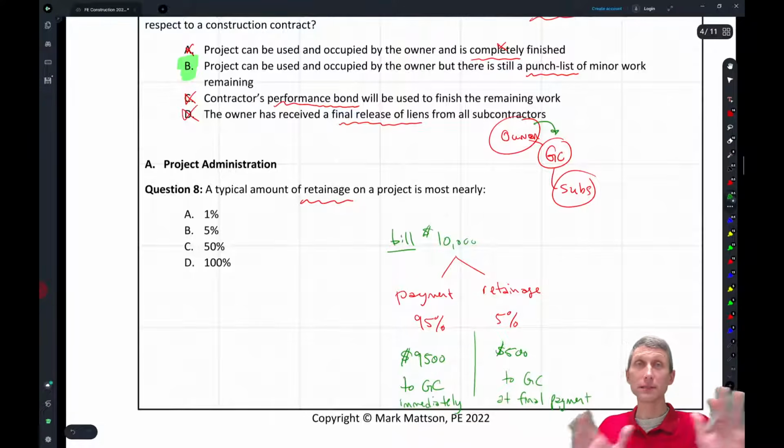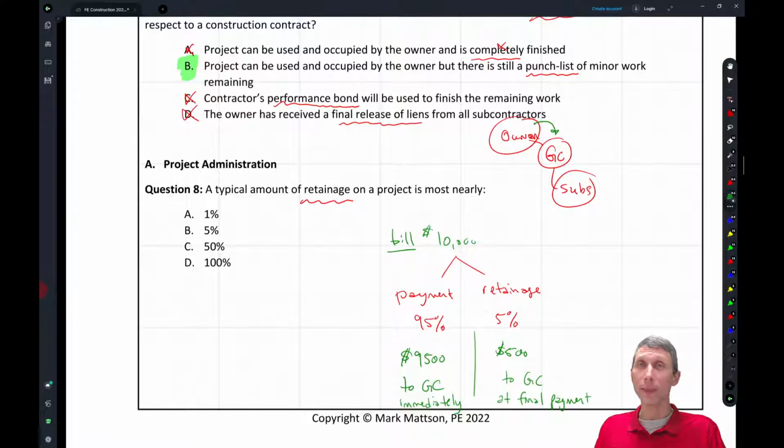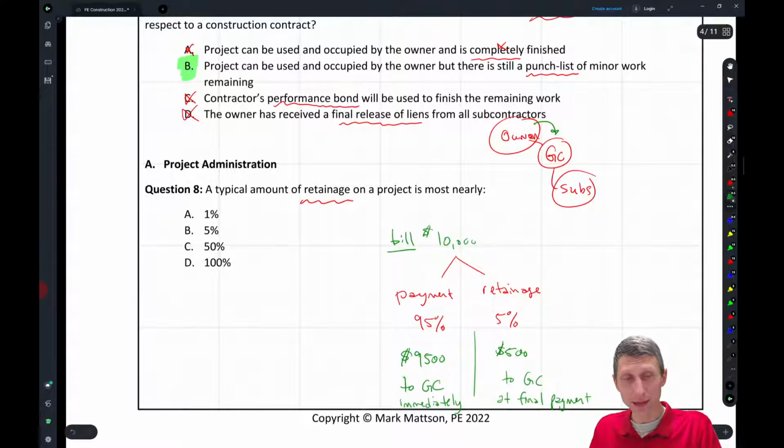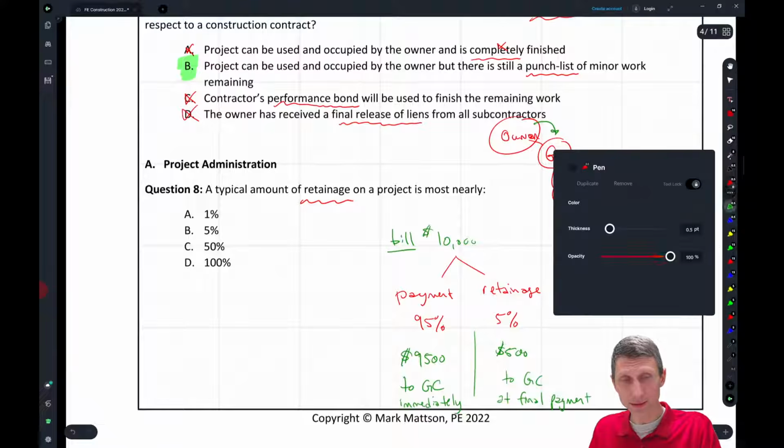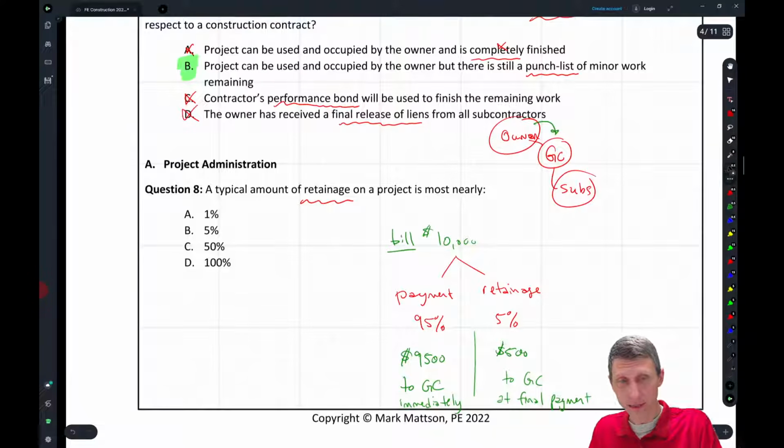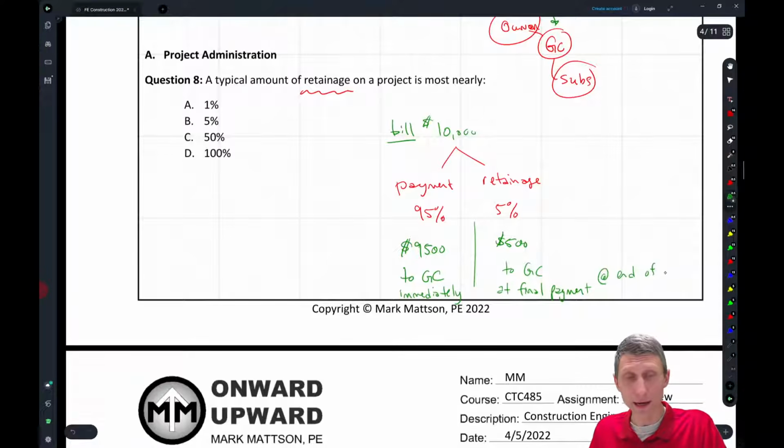This is after the punch list is all done, everybody's happy, and all those little things are 100% complete. Then they get the retainage money. Does that make sense? So this is held until the end of the project.